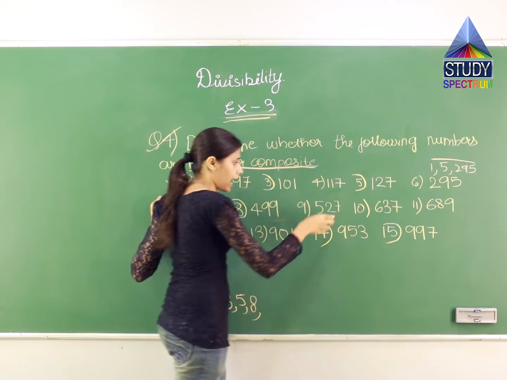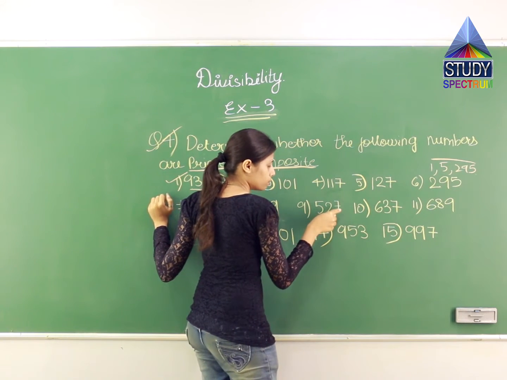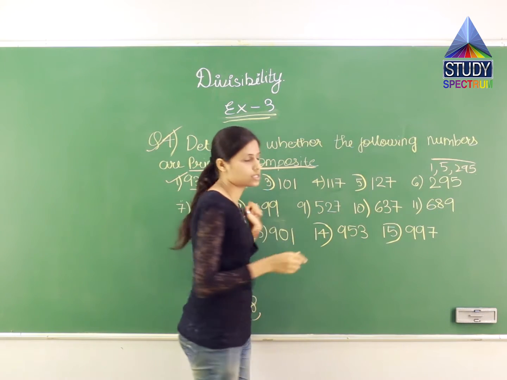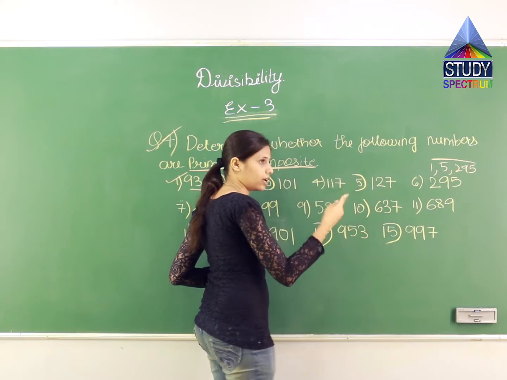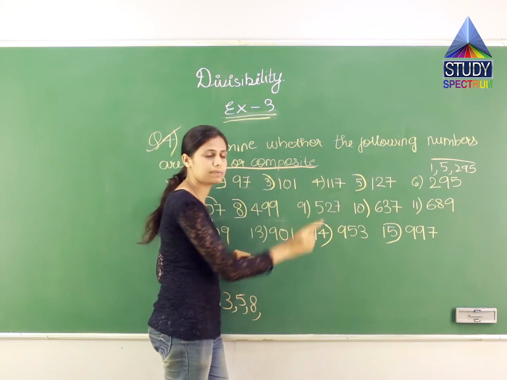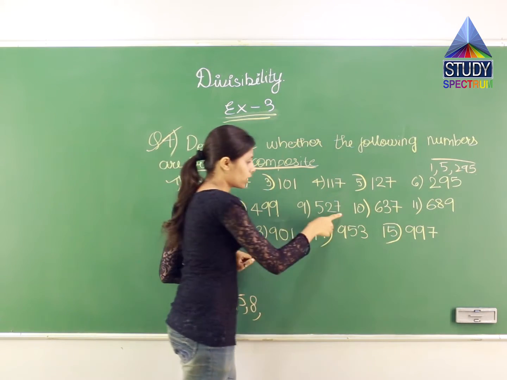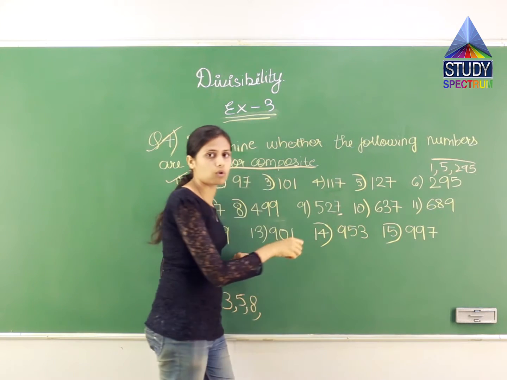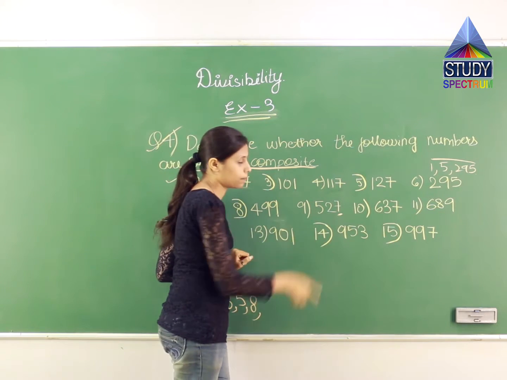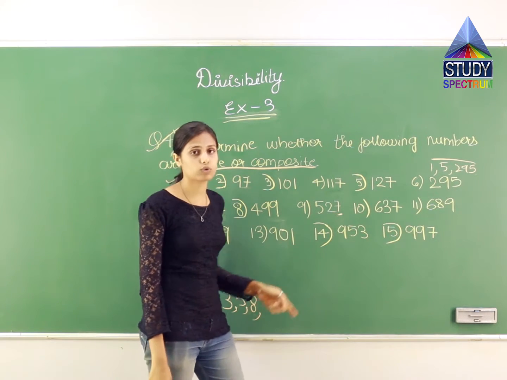Then further I get what? 527. This number 527 ये किसके टेबल में आ सकता है? When I repeatedly go on checking from 1 to 10, मुझे किसी भी टेबल में नहीं आएगा. सिर्फ 2 के टेबल में नहीं आएगा because I need an even number at the end. Same with 4. 4 में बोलता है कि I need an even number at the end, so it does not come in the table of 2 and 4.